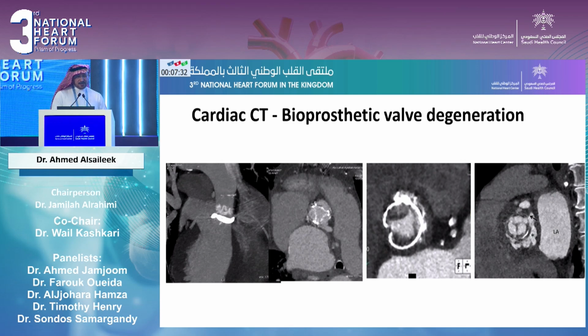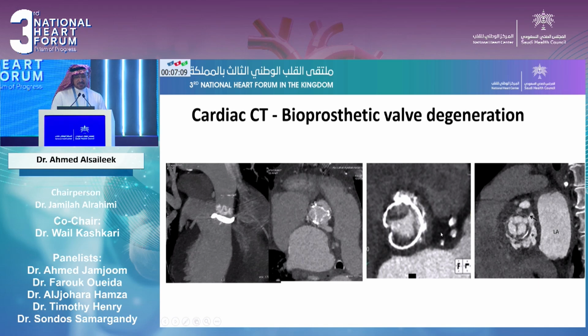So this is one way to see the bioprosthetic valves. Those are multiple types of bioprosthetic valve, and you can appreciate how much calcification there is. The more calcification in a bioprosthetic valve, the more likely that this valve is stenotic and having gradients. But sometimes we don't have a lot of calcification, but more of a thickening.